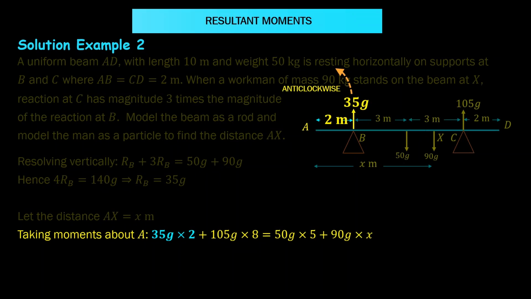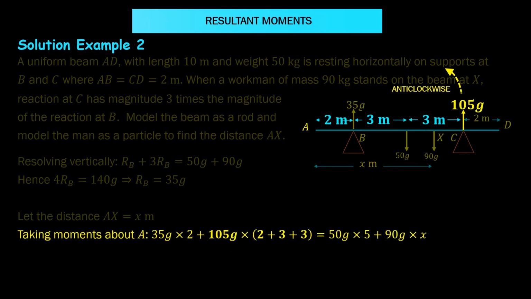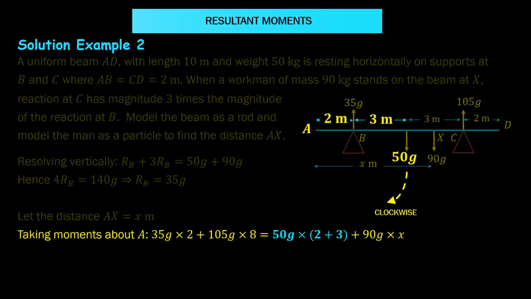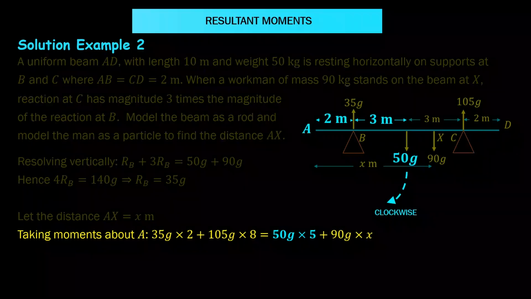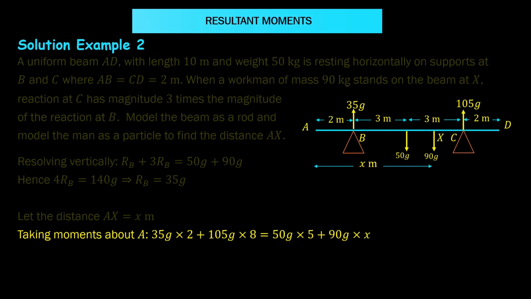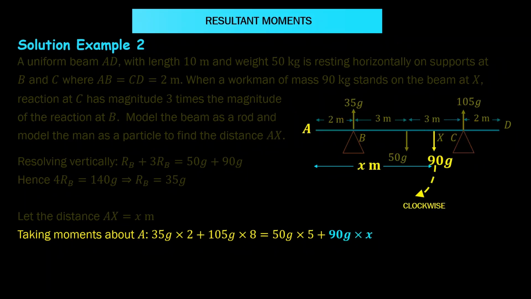So the anti-clockwise moments, we have 35g times 2 plus 105g times (2 plus 3), as shown. And this equals 50g times (2 plus 3) plus 90g times x.